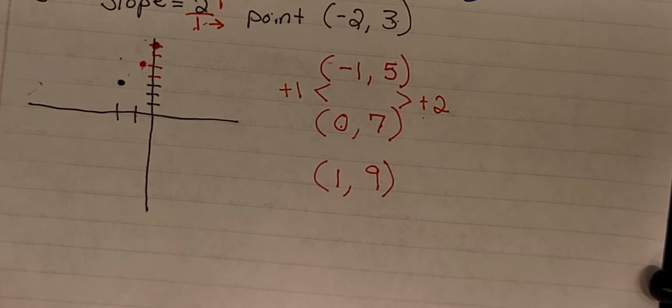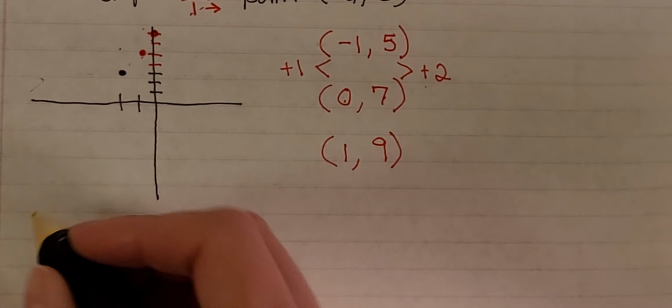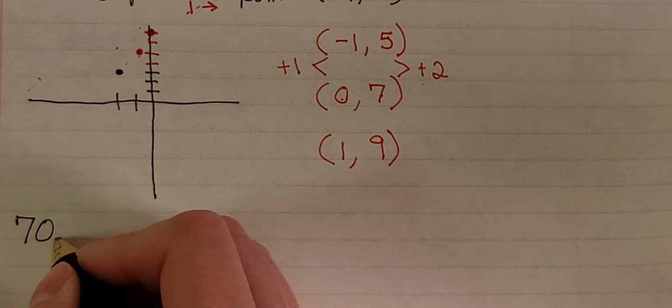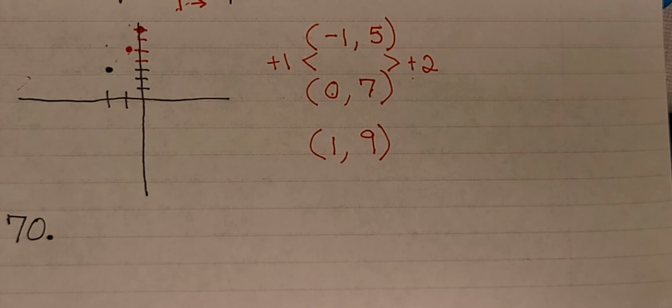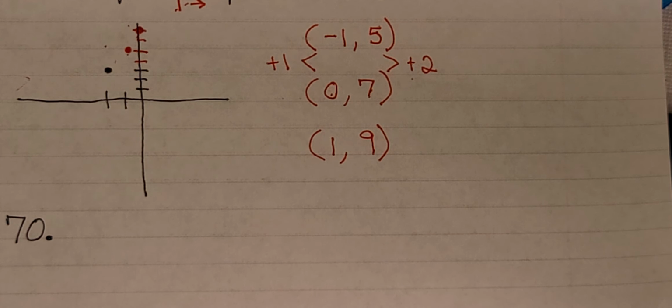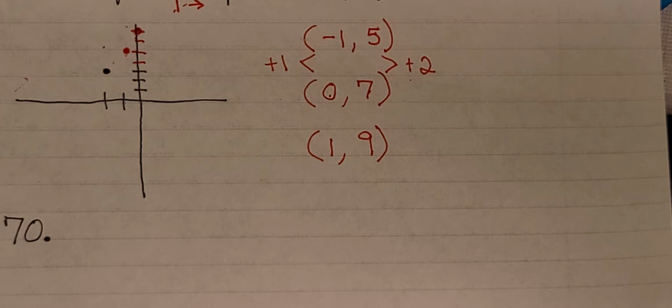Okay, question 70 is next. Okay, 70 says find an equation for the line with the point with the given properties. Express your answer using either the general form or the slope-intercept form of equation of a line, whatever you prefer.